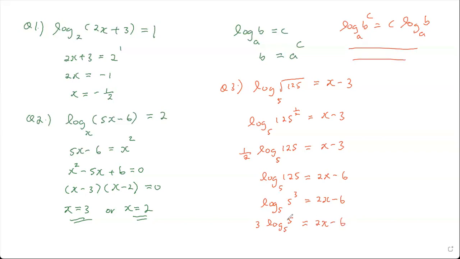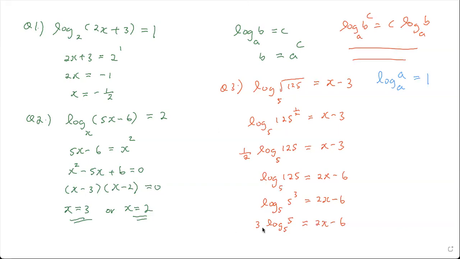So what is log 5 base 5? There's a special identity. Let me write it out in blue. Maybe I shouldn't use 5, so something more general: log a base a is always equal to 1. So log 5 base 5 is equal to 1.